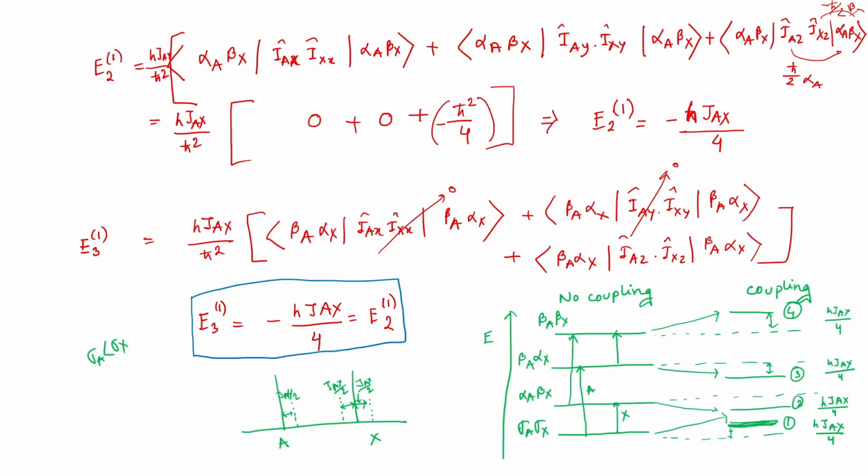And for this case it is stabilized and this is destabilized, so here it is increased by Jx by 2, and in energy scale it is Jx by 2. So that is why this is the coupling constant, that is Jx, and here also it is Jx.